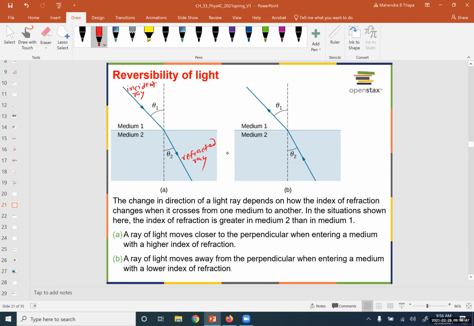This angle is the angle of incidence and this angle is the angle of refraction.